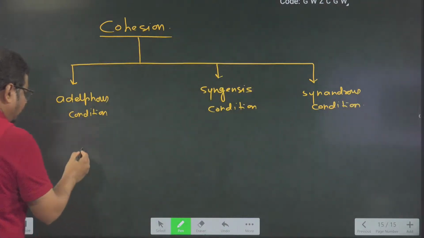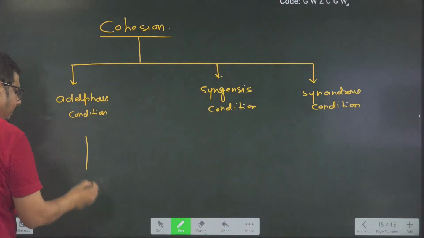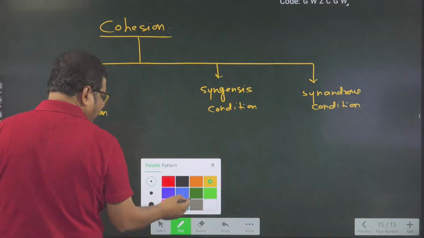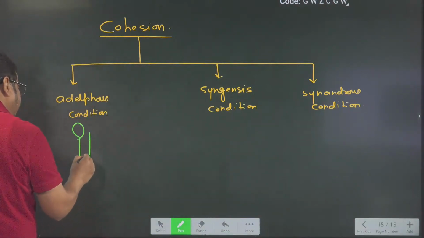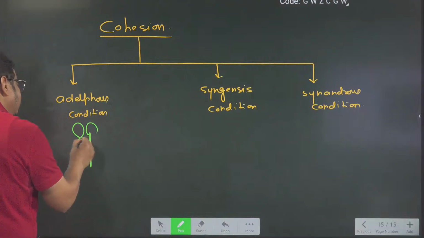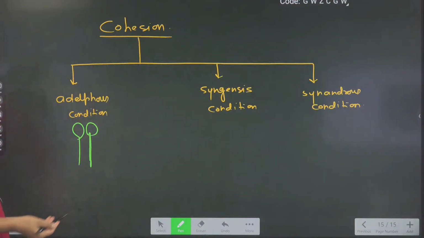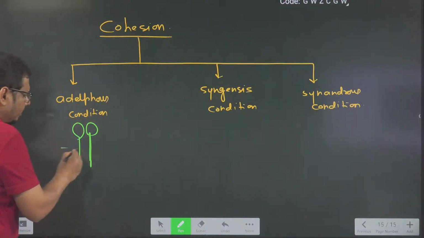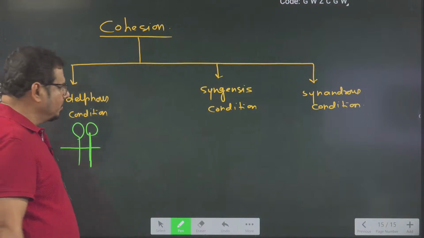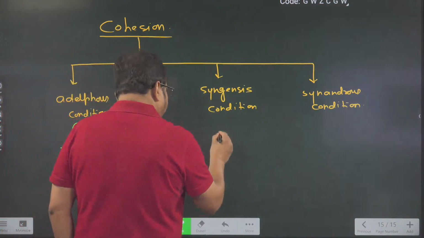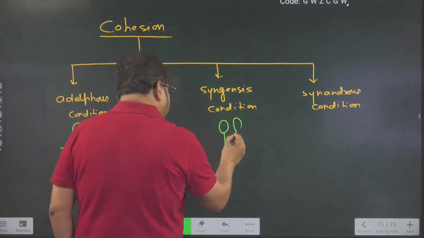So adelphous condition, I am making more than one stamen in the diagram. Try to understand it. I am making here two stamen. It is more than one, na? More than one, poly. So here who is fused together? Filaments are fused together. Here who is fused together?